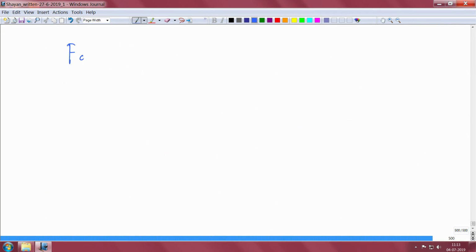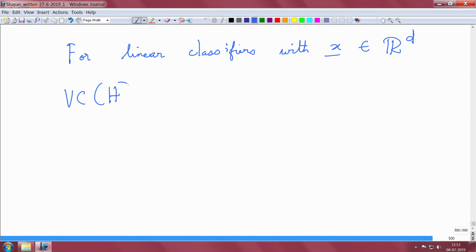For linear classifiers, with points x in a d-dimensional space, the VC dimension over this hypothesis space is d plus 1, where d is the number of features.